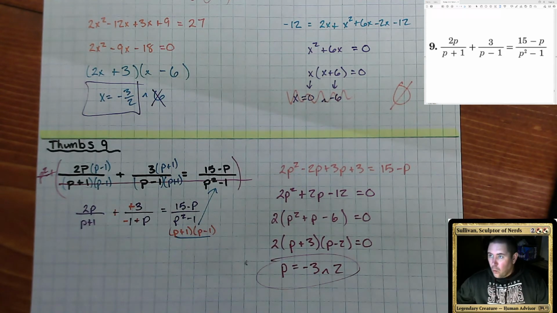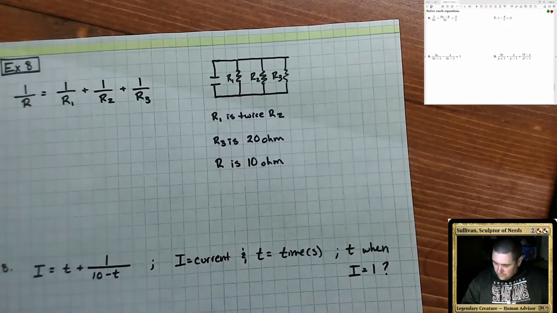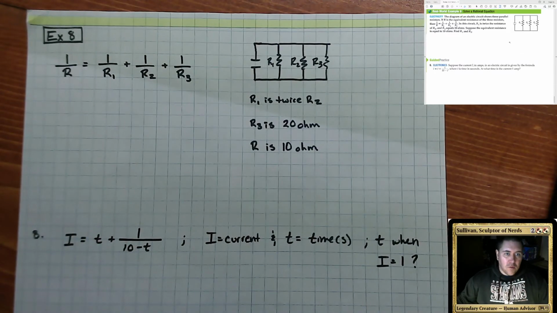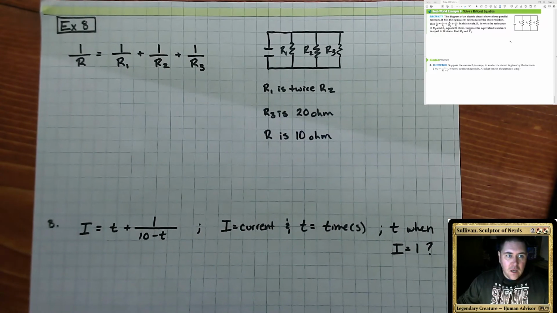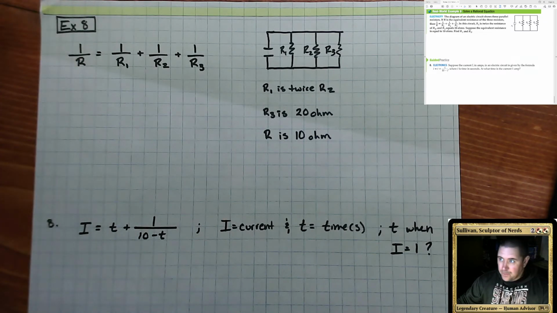Okay, and one last thing is just words. Sometimes they're going to give you a word problem context where it's just blah, blah, blah, do the same thing. Okay? It's just an example of where rational functions may be used.